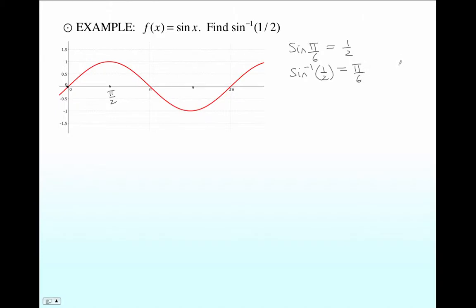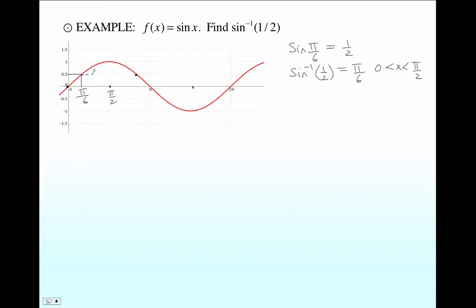That's only partly right, because really you have to state that the values of x had been limited to being between 0 and pi by 2. Because if you look over here, yes, it is true that at x equal to pi by 6, you get f of x as half, or the value of sine is half, but also the value is half over here.